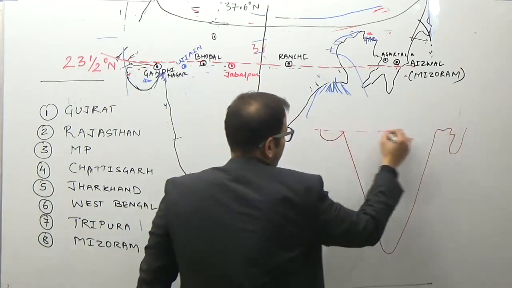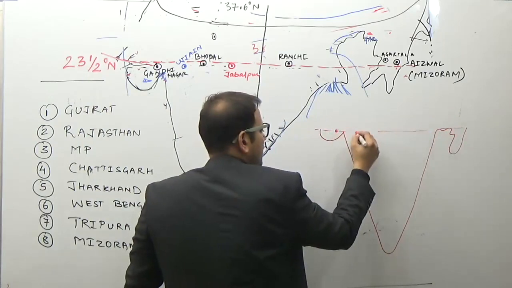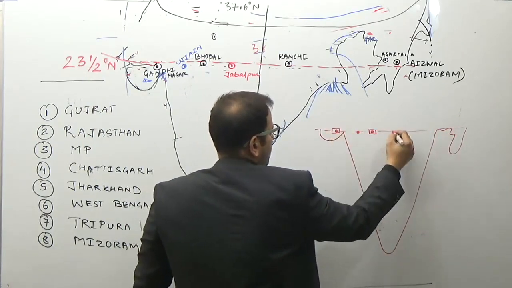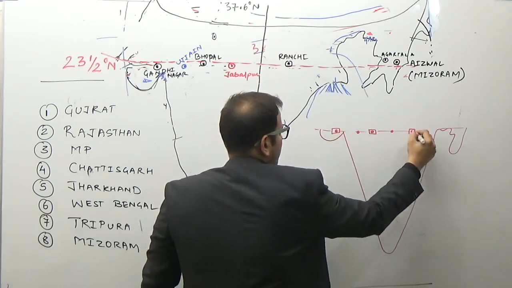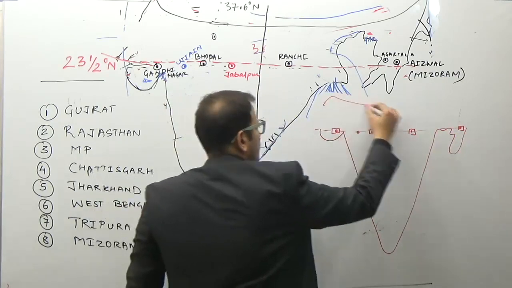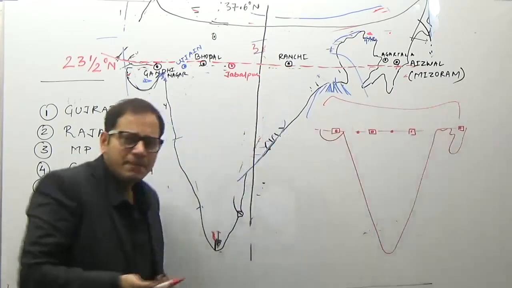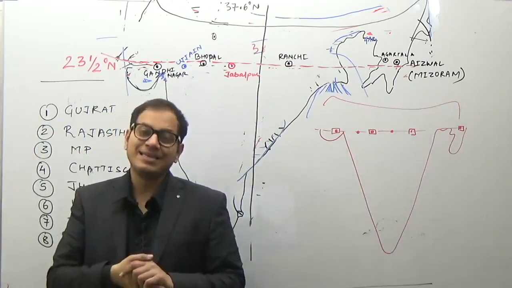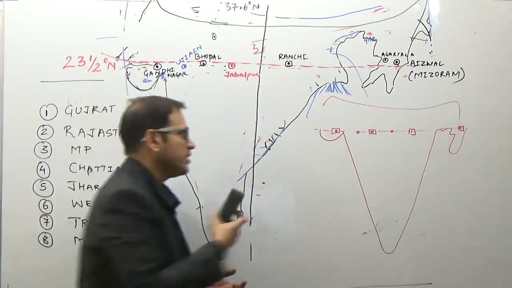In the middle the Tropic of Cancer, and then mark Gandhinagar, Ujjain, Bhopal, Jabalpur, Ranchi and Aizawl. And in the examination you can draw this diagram also. Make some map of India somewhat. It's very simple. You don't have to draw an exact map for explaining the parts.